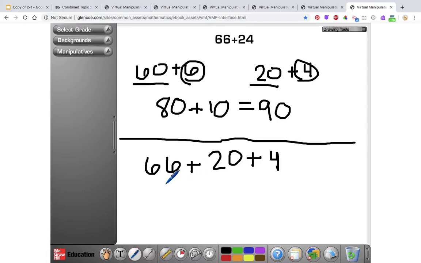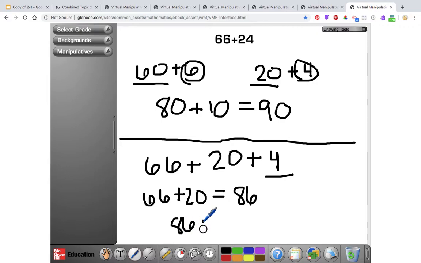I would add those numbers together, 66 plus 20 is going to be 86. Then I still have the 4, so 86 plus 4 equals 90. So all 3 of those strategies tell me that it's 90.